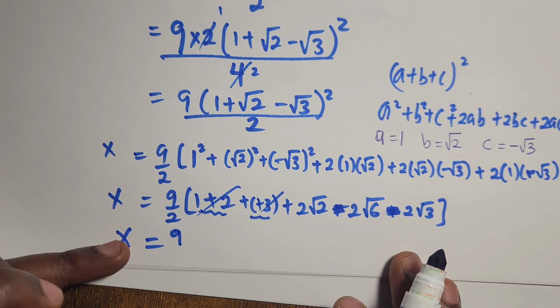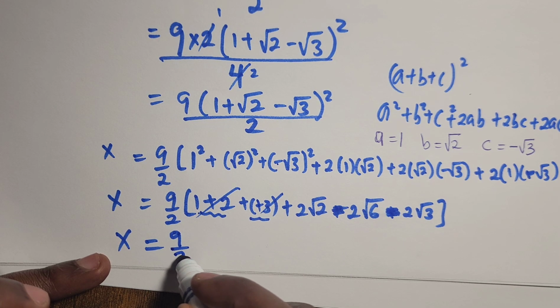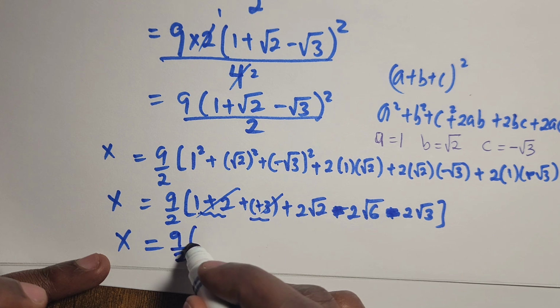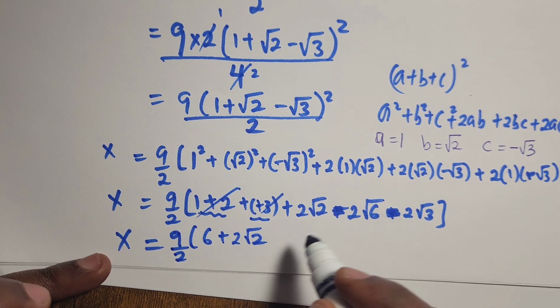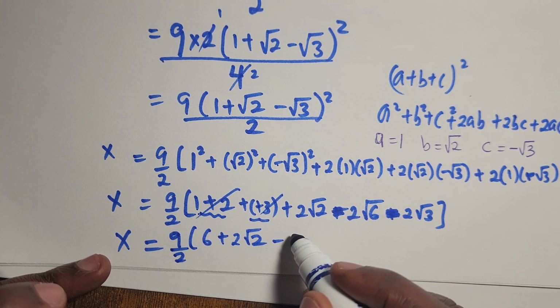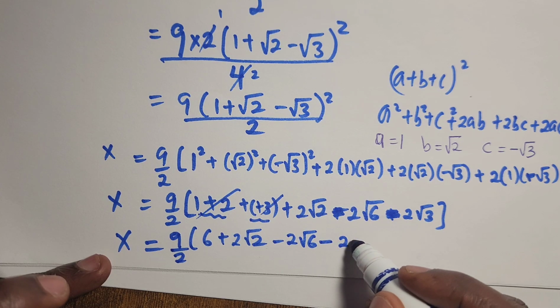Yes, it should be positive. So here we have 9 over 2 into parentheses 6 plus 2 root 2 minus 2 root 6 minus 2 root 3.